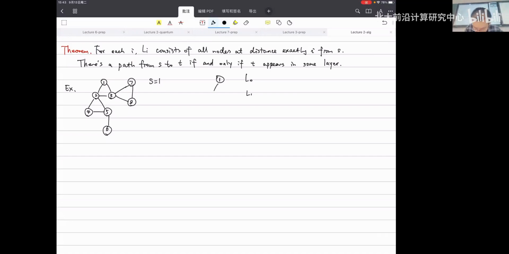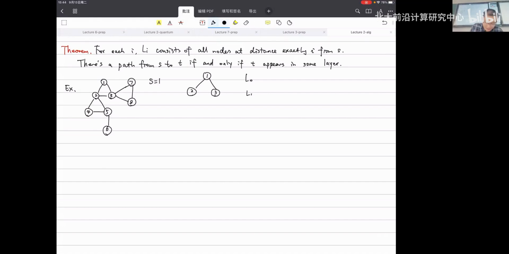Yes, exactly. It is going to be 2 and 3 here. The drawing here is not so good, so let me redraw: 2, and this is going to be 3. So how about layer 2, the second layer? Let's first look at 2.